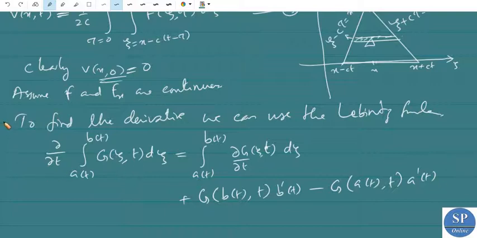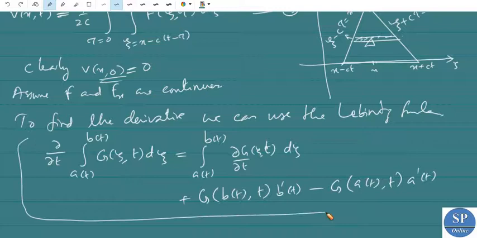So this is the Leibniz formula. To find the derivative we can use this formula.